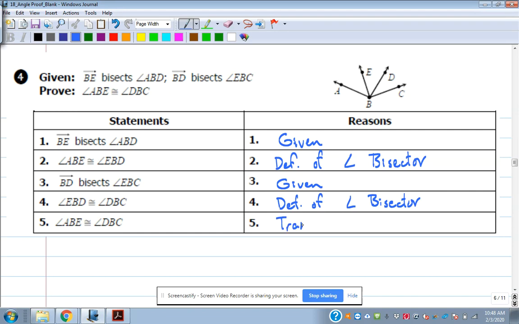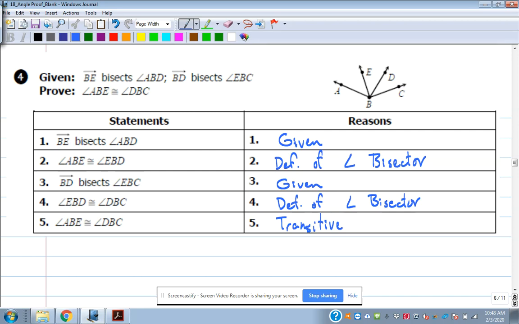Yes, it's transitive. It's the secret transitive property. So transitive property, because we have 3 things there. We have ABE is congruent to this one. So 1, 2, 2, 3. So 1 and 3 are congruent to one another. That's the transitive property. So straight up transitive on that one. Okay. That one's pretty easy. Maybe that one's a little too easy yet.